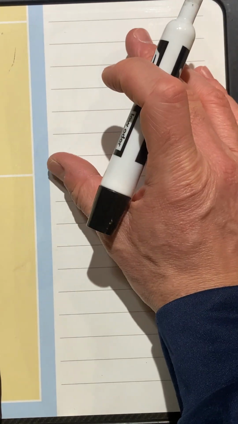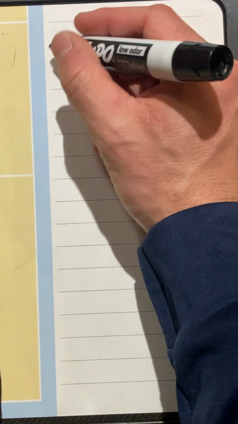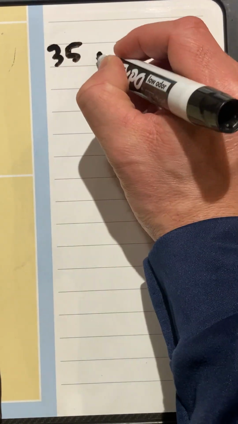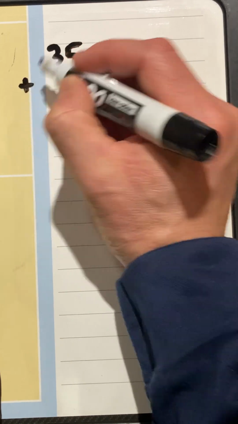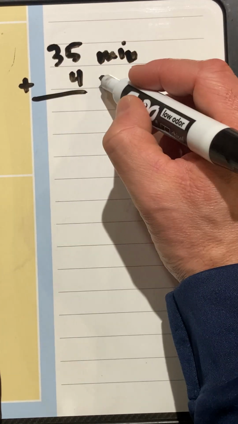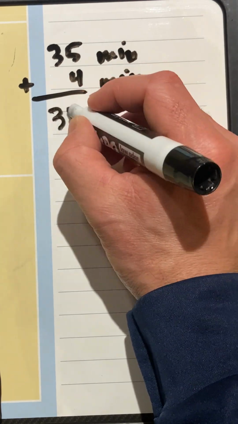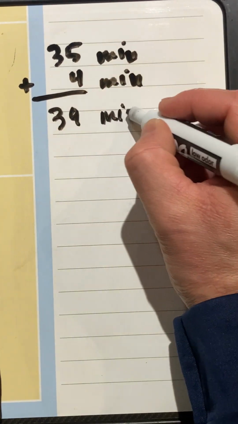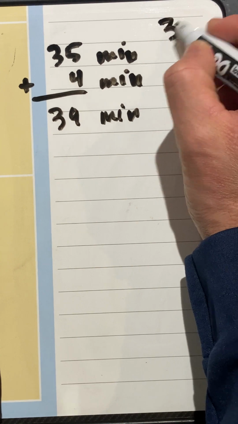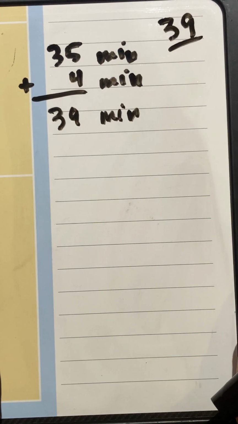So travel time is going to be the 35 minutes plus the 4 minutes of walking, which is 39 minutes. So I'm going to put that over there, 39.